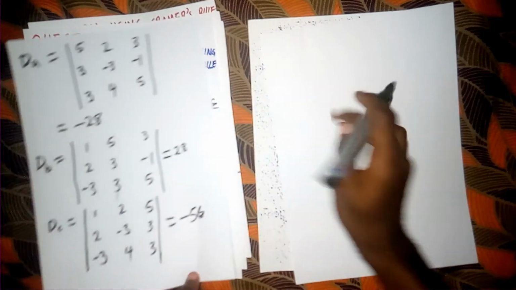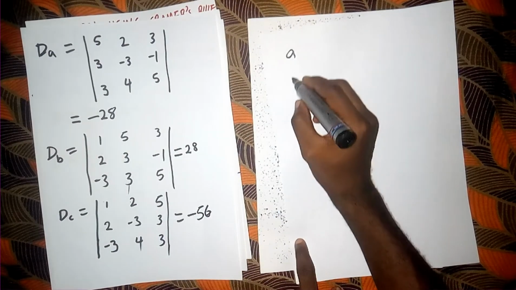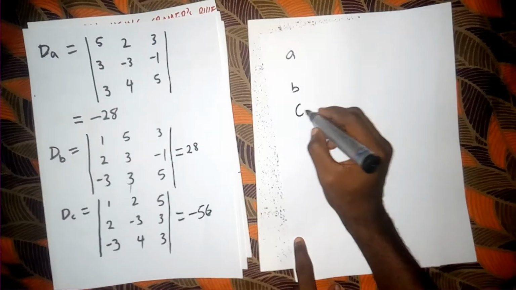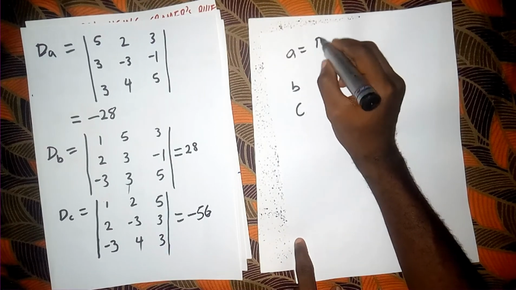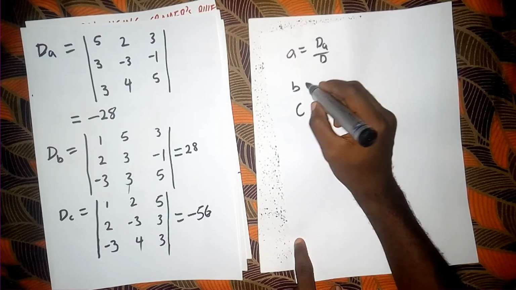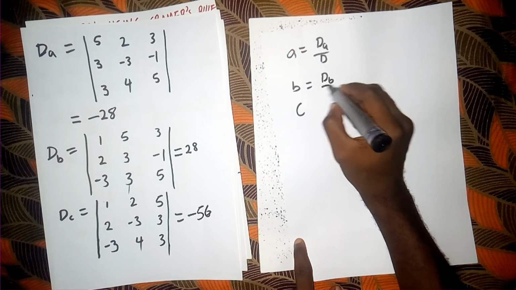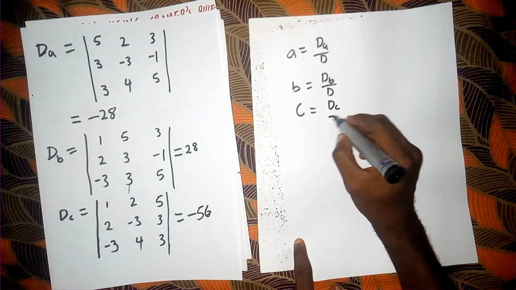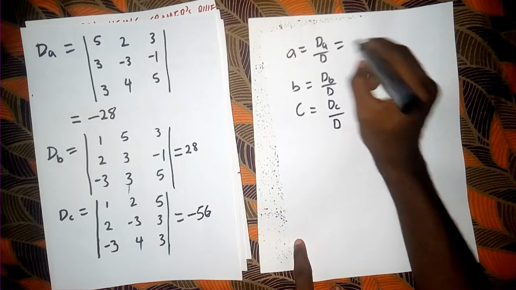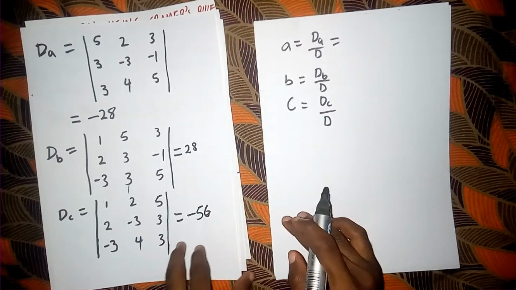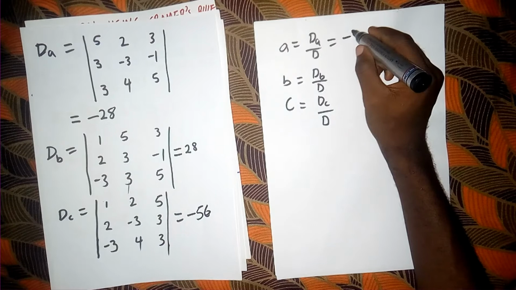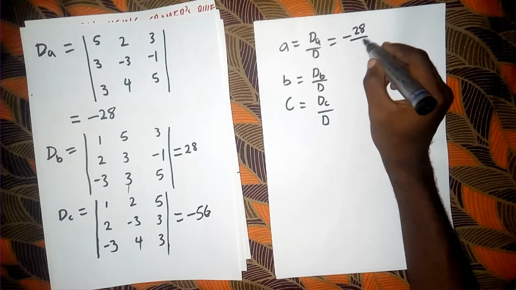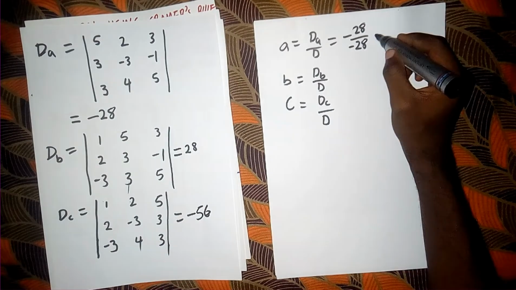We can now solve for our unknowns, which are A, B, and C. Remember A is DA over D, B is DB over D, and C is DC over D. So A, we got minus 28 divided by minus 28.